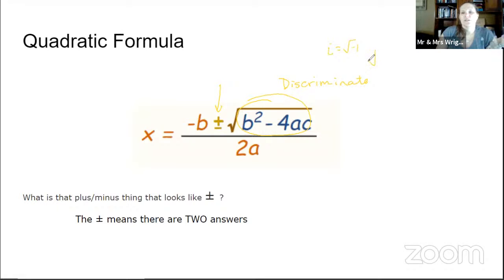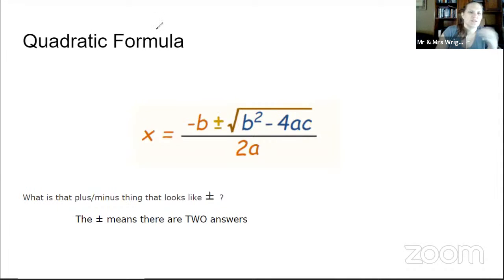So if you had something like the square root of -16 as your discriminant, you're going to have 4i, so minus b plus or minus 4i, all over 2a. That i is your imaginary number because it's the square root of -1, because -16 is -1 times 16. The square root of 16 is 4, and the square root of -1 is i, or imaginary.